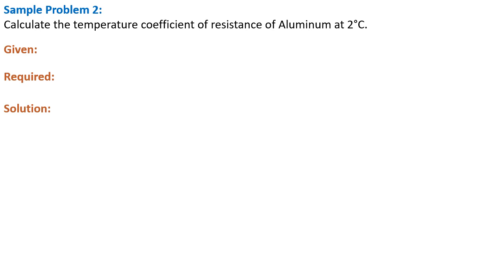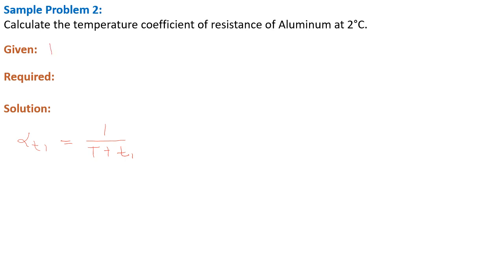Now, what if you are asked to solve for the temperature coefficient of resistance of aluminum at 2 degrees Celsius? Now, remember, if you are asked to solve for the temperature coefficient of resistance, the formula is this one over T absolute plus T1, right? So you need two temperatures. What you have here is only one. So for this example, what is 2 degrees Celsius?